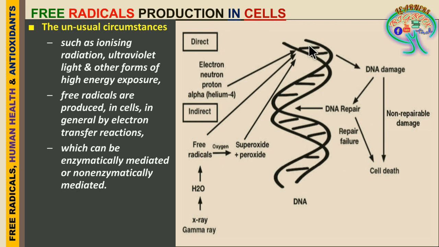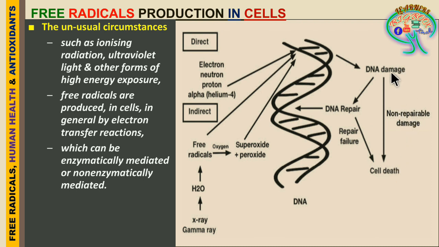Further, after both the direct and indirect actions, it leads to the formation of DNA damage. The DNA can be pushed to its repair mechanism through polymerases, and if there is a failure in the DNA repair, it can proceed to cell death.